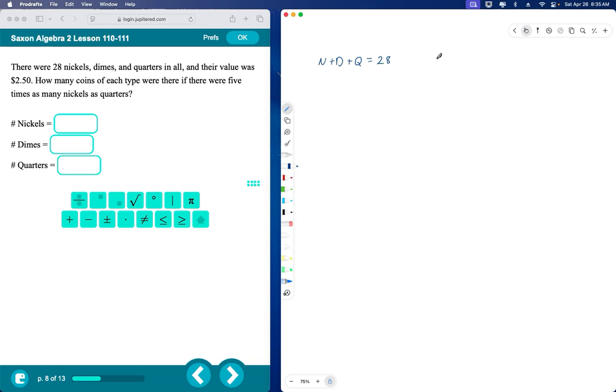Now our value statement, 5 times n plus 10 times d plus 25 times q is equal to $2.50. How many coins of each type were there, if there were 5 times as many nickels as quarters? So nickels is going to equal 5 times quarters.